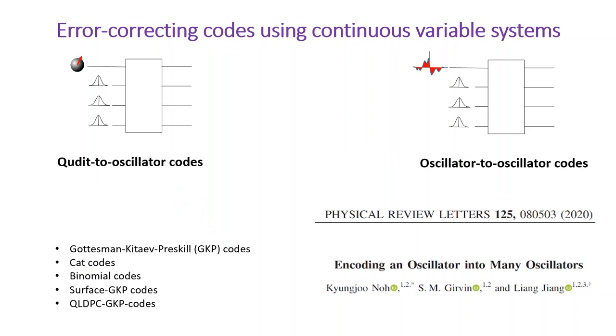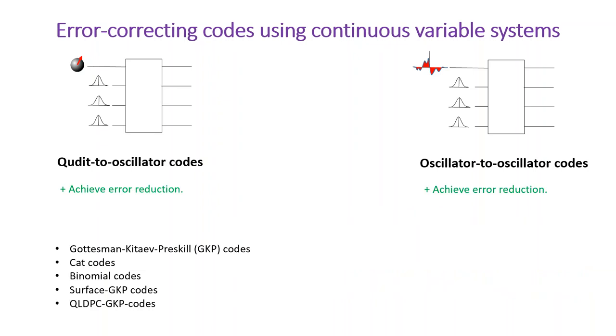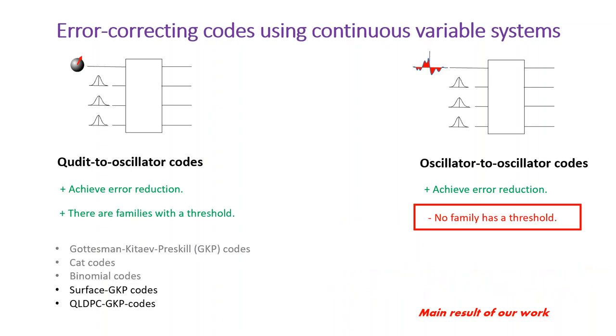On the other hand, we may try to encode continuous variable quantum information into several oscillators. One strategy for doing so has been proposed by Noh, Girvin, and Jiang. These are called oscillator-to-oscillator codes. All of these codes achieve error reduction. If you exclude single mode codes, then these qubit-to-oscillator codes also give a threshold. We show here that this is not the case for oscillator-to-oscillator codes.